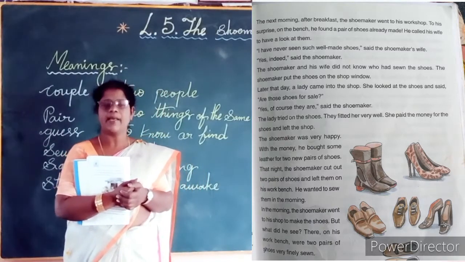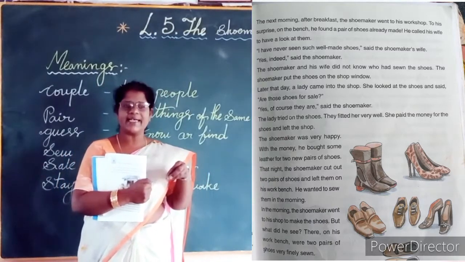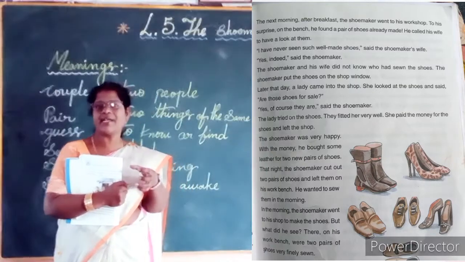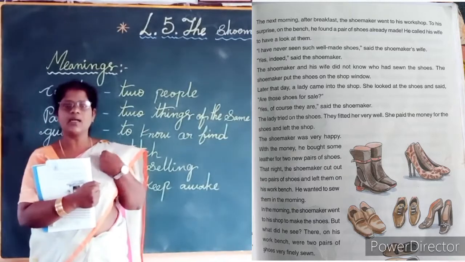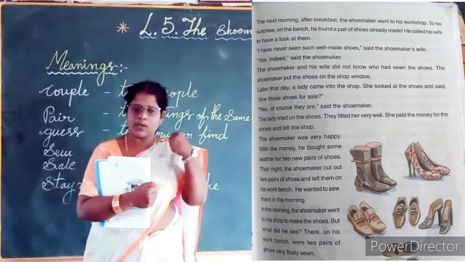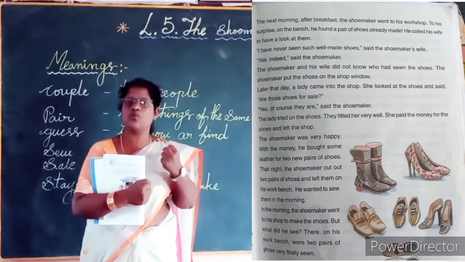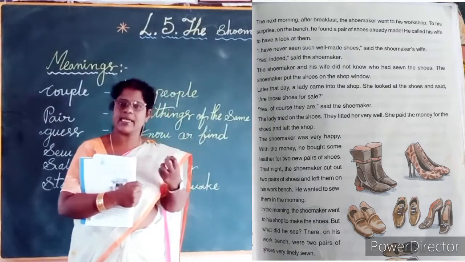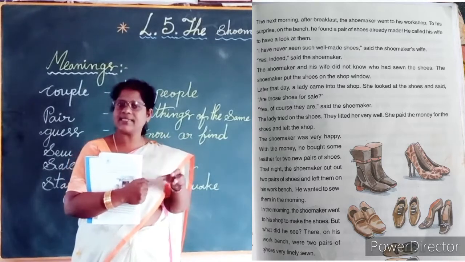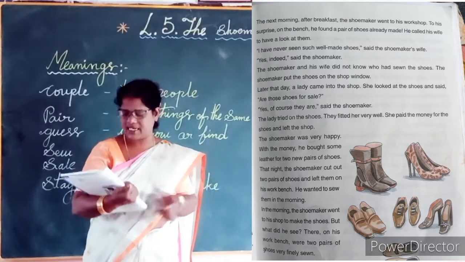He is happy because, indeed. What do you mean by indeed? Indeed means wanting. He wants that shoe, or by selling it he will get some money. He wants some money. That is the indication of the indeed.